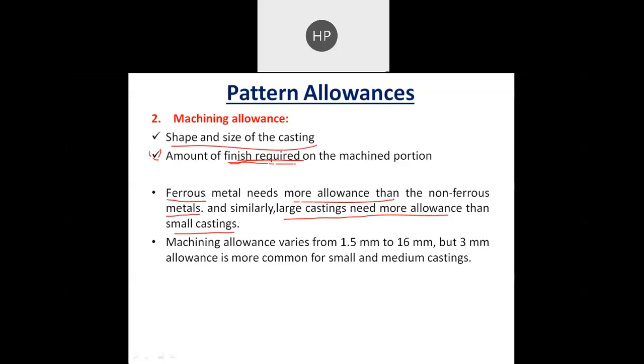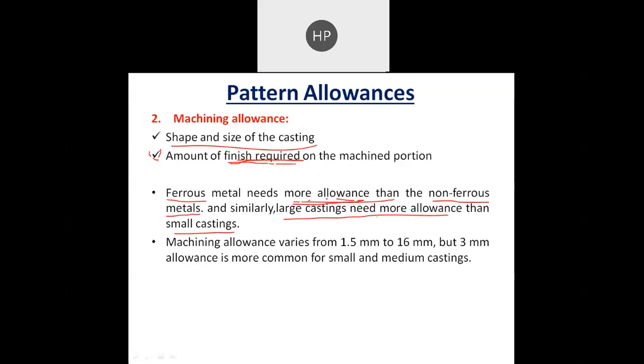In that case we have to give more allowance, so the size is made larger than the original casting. And then the non-ferrous metals, like aluminum, copper, zinc, in that case we require a very small machining allowance.